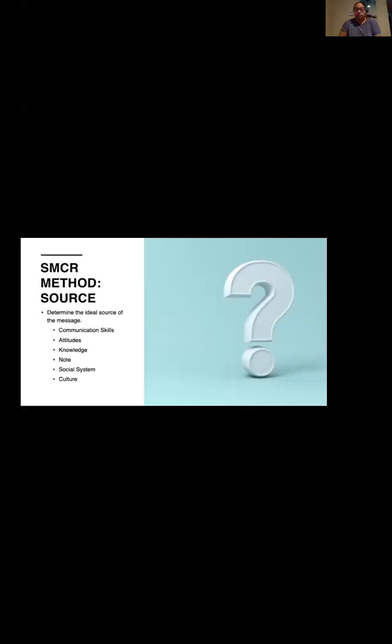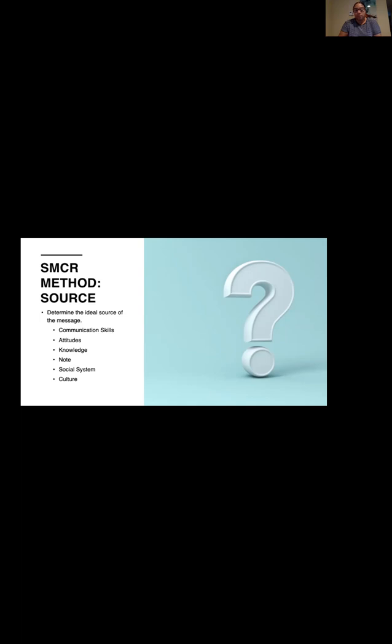So let me share. The first one would be the communication skills. This would be the skill of the individual to communicate. For example, our group has chosen how to handle conflict with other coworkers.